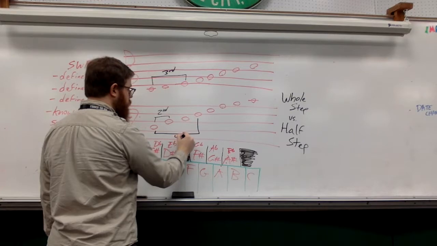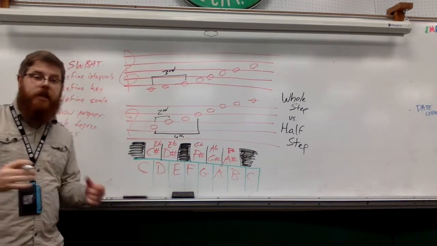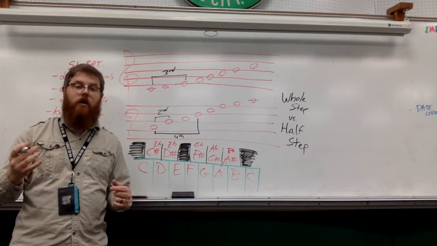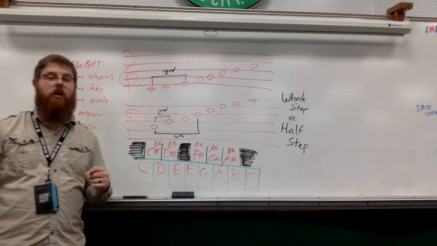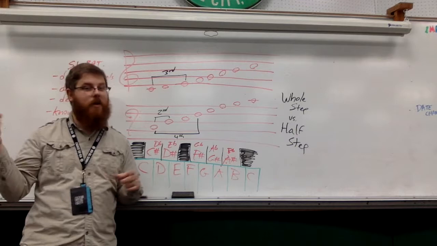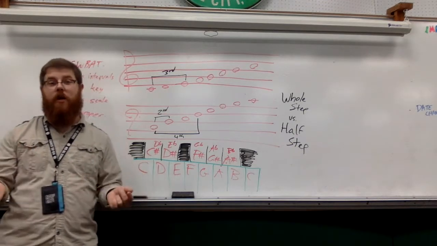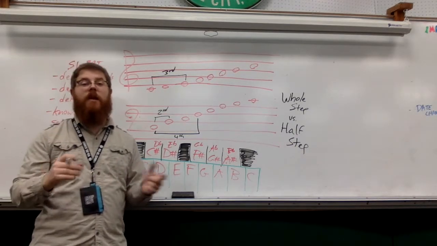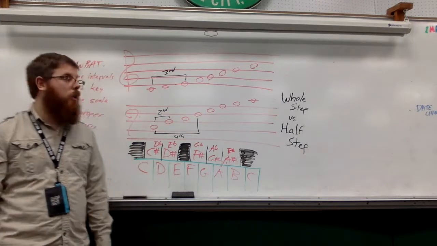So that's a fourth. And I can do this the entirety of the way up the scale, all the way up to the 7th, or the 8th, or the 9th. When we get to jazz, we can talk about the 11th and the 13th. Lots of crazy numbers up there. But it's all about moving from place to place.